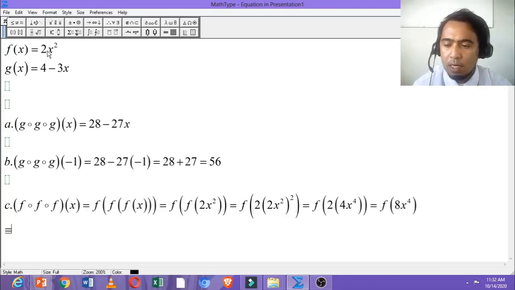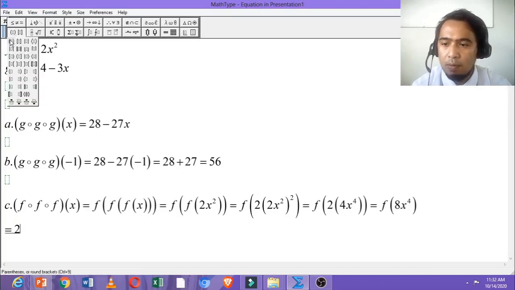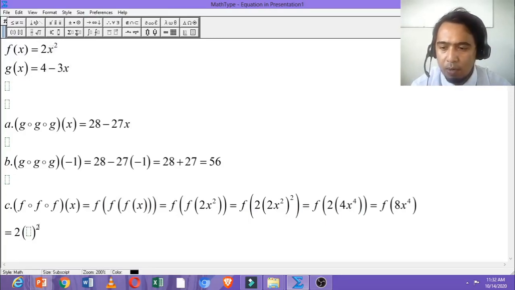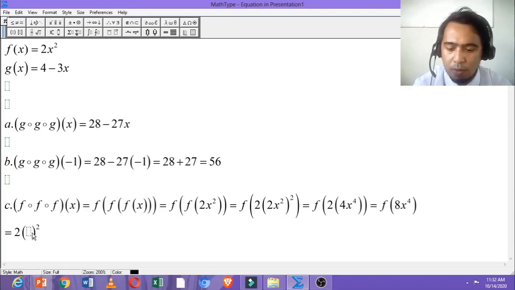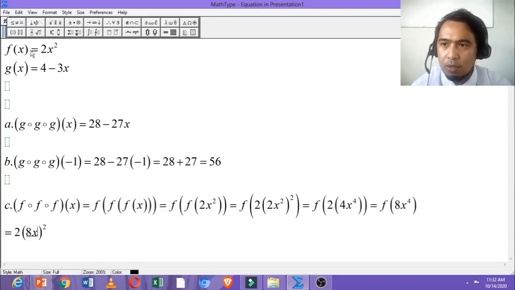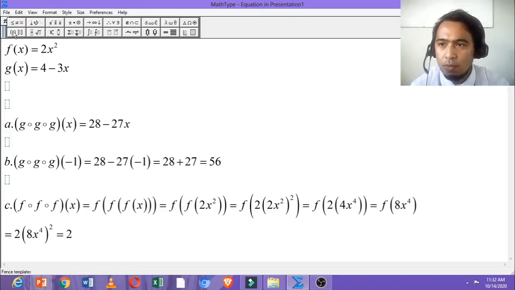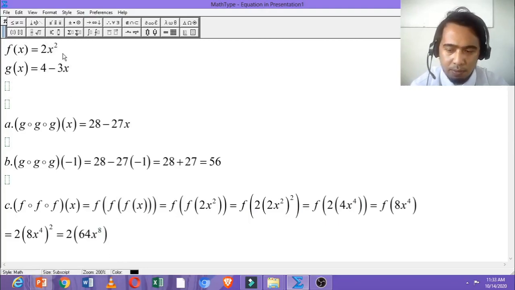Again, it will be 2 times the input, then squared. But our input for the last part is 8x raised to the power of 4. To simplify it, we will square it first. So it will be 2 times 64x raised to the power of 8.